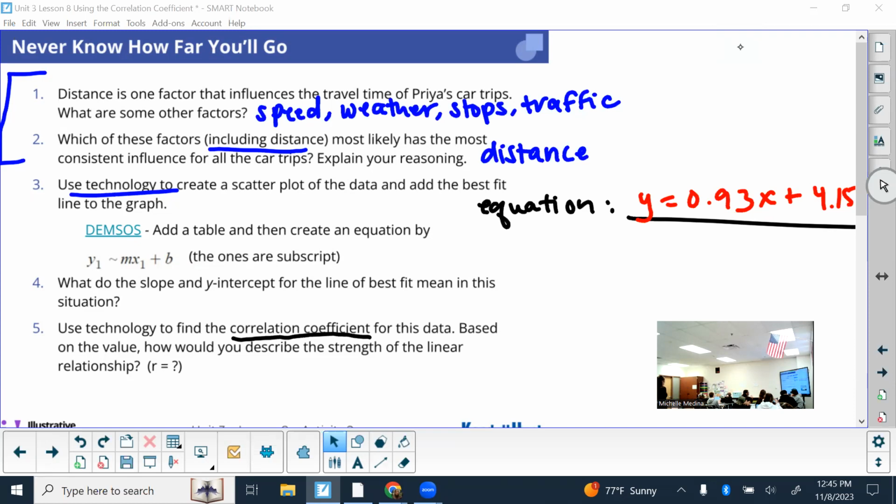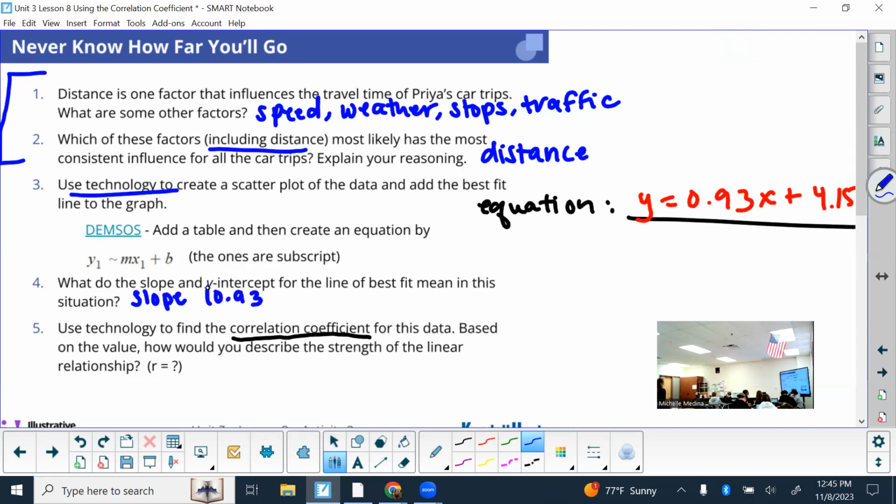So whatever two things are being compared right now, it's distance to time spent in the car, I guess you could say. We're comparing those two things, and this model is what we generated for that. What is my slope representing in this situation? So slope, which is 0.93, represents what, Riley?